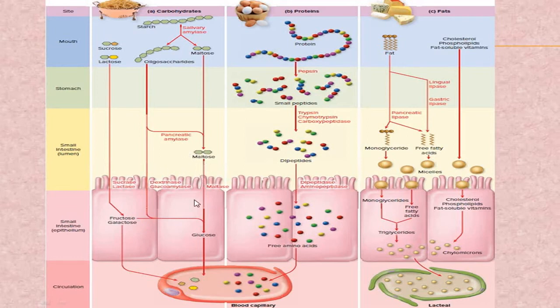Then these monosaccharides are absorbed by the epithelial cells. From the epithelial cells they are taken up by the blood capillary, and from the blood capillary they are distributed through blood to all parts of the body.